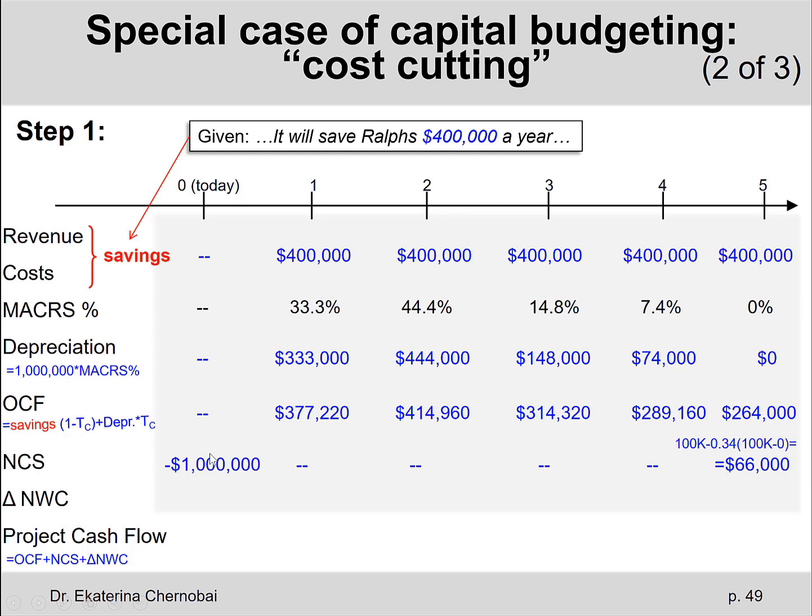Year 0, that's the initial investment, and it's given: a $1 million cost of buying the cash register. For the 5th year, as always, it needs to be the after-tax salvage value. So the money we get to put in our pocket when we sell the cash register used.